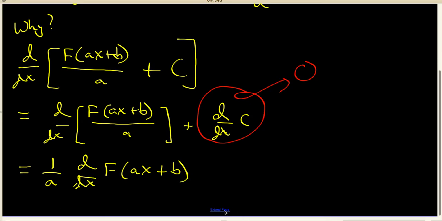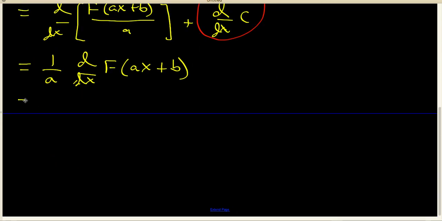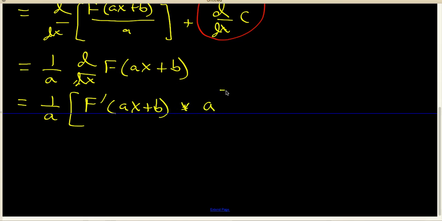Now I'm in a situation where I can use the chain rule, and when I do, I get 1 over a times capital F prime evaluated at ax plus b times the derivative of ax plus b, which is just an a. This a and that a cancel out, and so I'm now left with capital F prime at ax plus b.